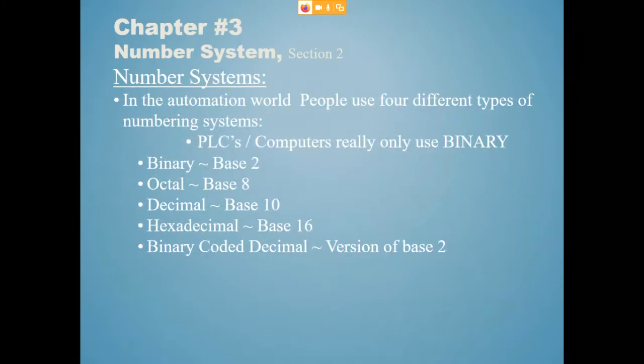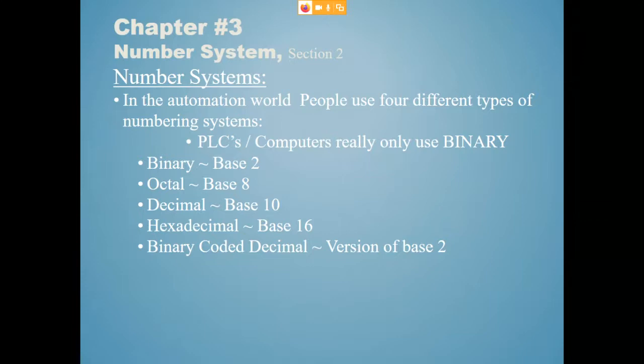All right, so when we talk about numbering systems for computers in the automation world, we usually deal with about 4 different types of numbering systems. As I said before, the PLCs or computers really only use one numbering system, and that's the binary numbering system.